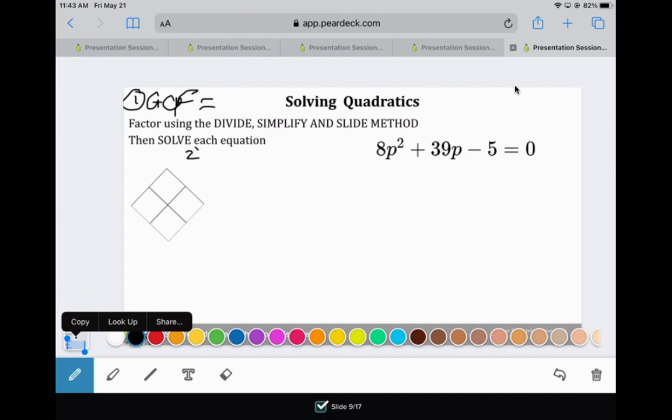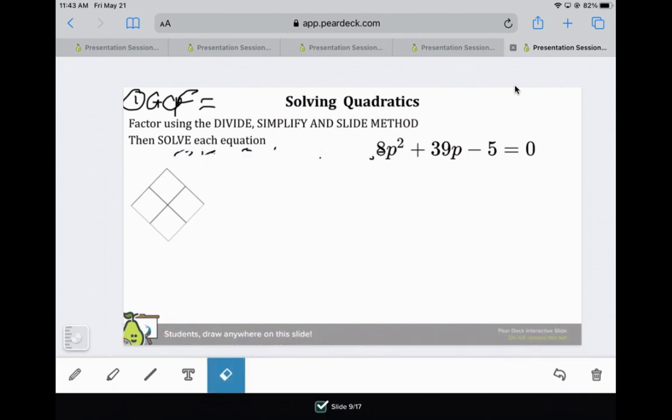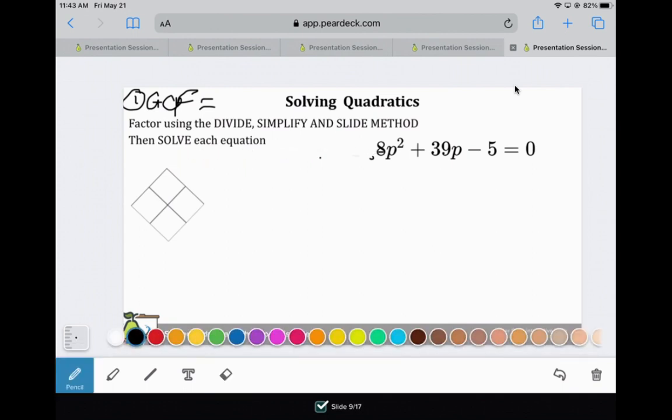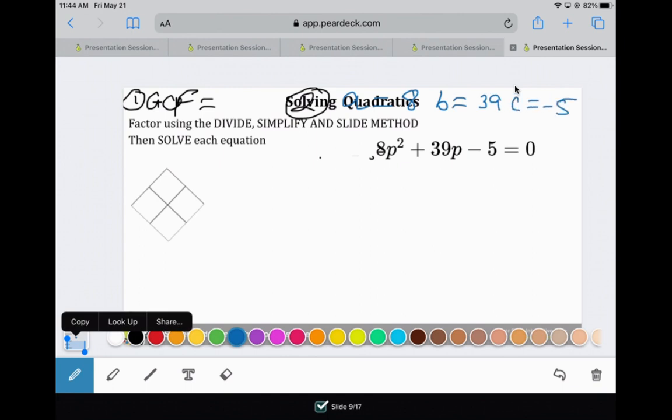Step 2 is that I need to figure out my A, which is 8, B is 39, and C is -5. So that's step 2.